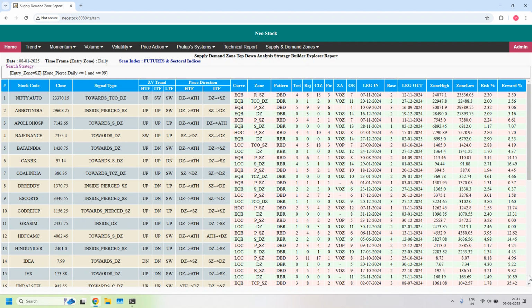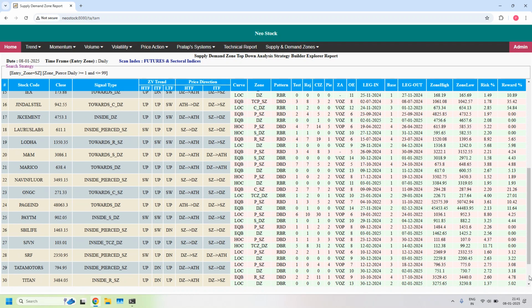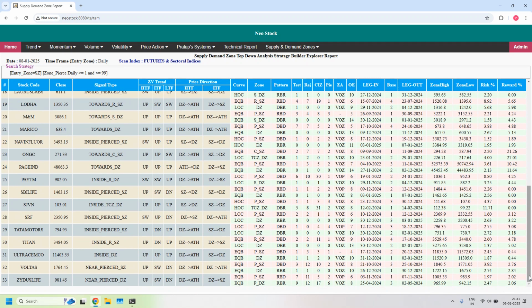Okay, first 15 stocks you are seeing in the list. I am scrolling the list down. So total 33 stocks are filtered. Out of these 33, how many of these daily supply zones are having EMA Confluence?